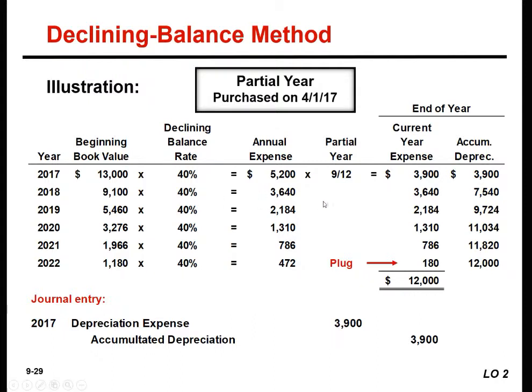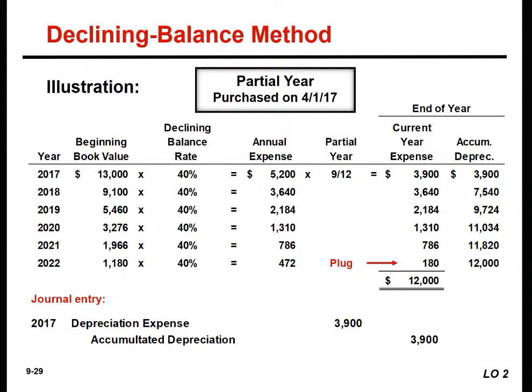Then we just continue in that same manner all the way through into the last year, in which we plug the amount that we need, because the annual expense would have been 472. We only need 180 to realize full depreciation of $12,000. This would leave us with a book value of $1,000 for this asset.